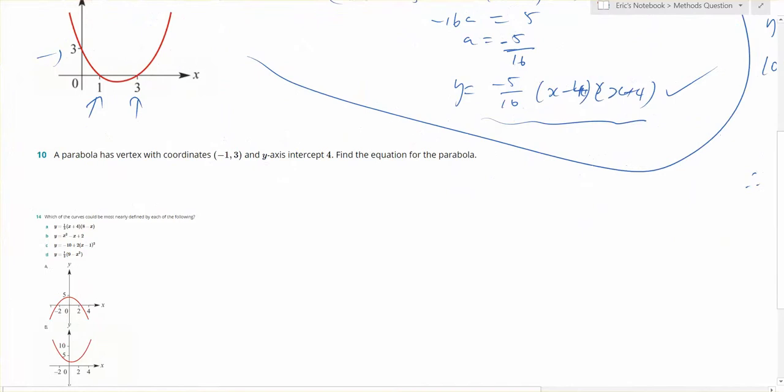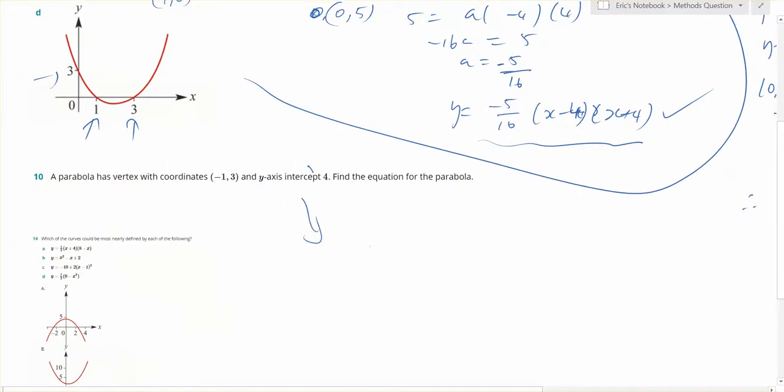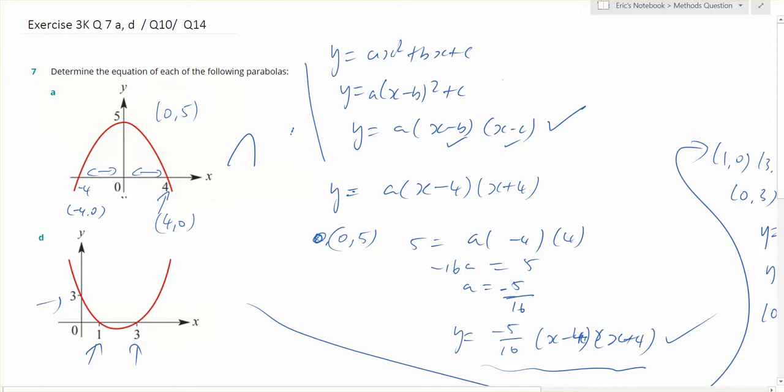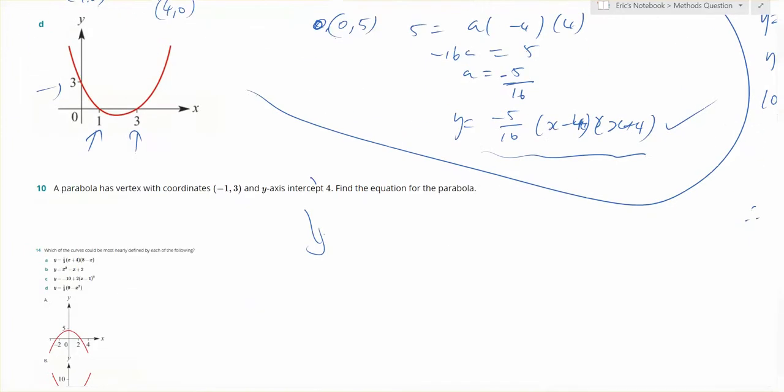Okay, for question 10, we're given a turning point and a y-intercept. So if we look at our three models, it'd be wise to use the turning point model because we're given the turning point. So y equals a(x minus b) squared plus c.